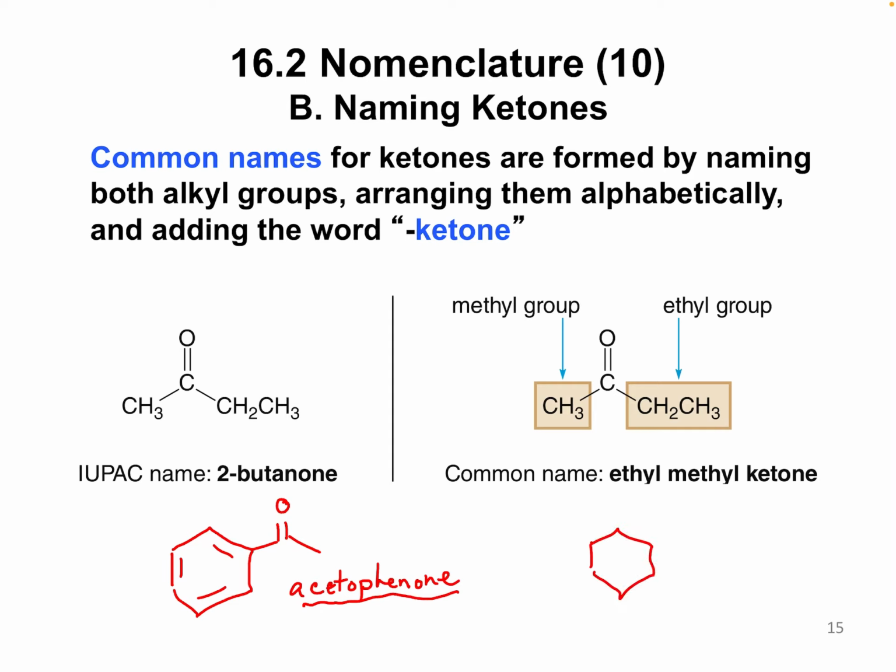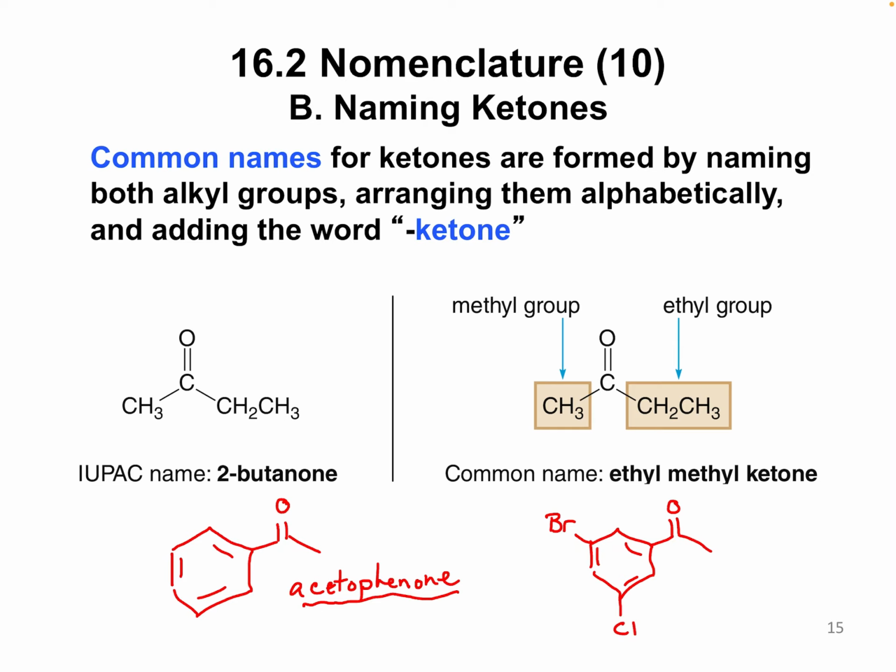So, for example, if we had something that looked like this, so there's our acetophenone, and then why don't we add a bromine and a chlorine to it. So take just a second and see if you can name that. Now, when we count around from the carbon with the carbonyl group attached, we could get to our bromine at carbon 3, or we could get to our chlorine at carbon 3.